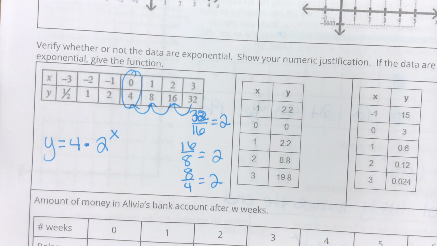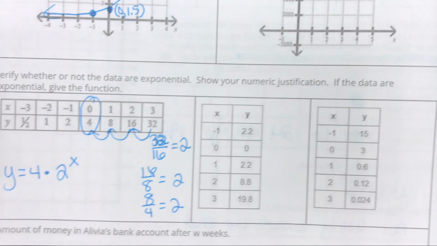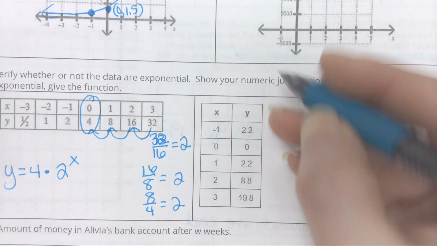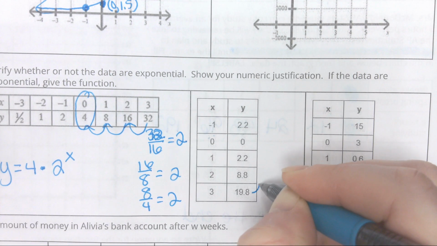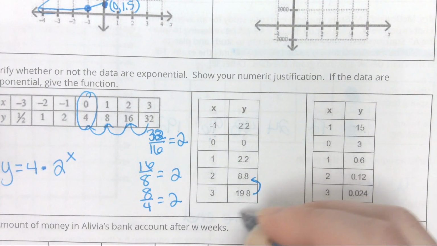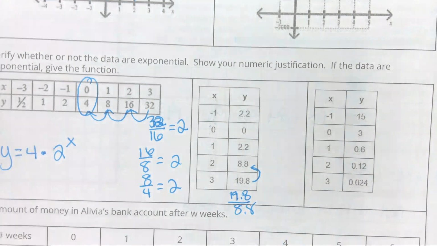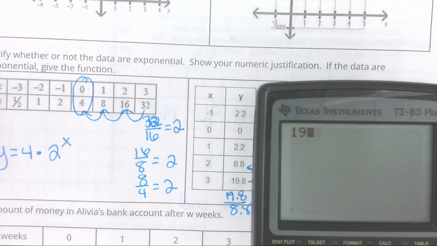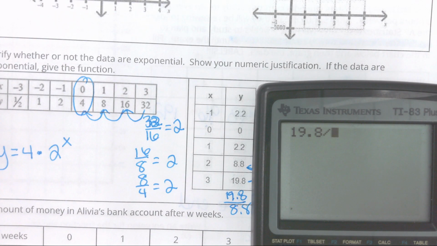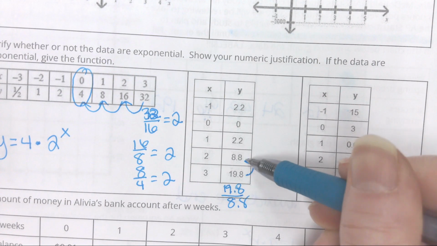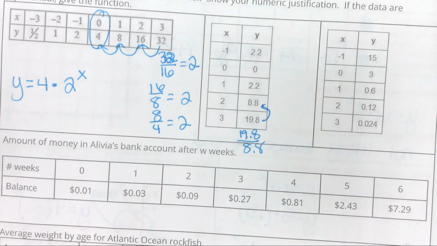Let's try another one. We'll do this one. Would you do 19.8 divided by 8.8? This isn't nice. 19.8, and we're going to divide it by the previous one, 8.8.